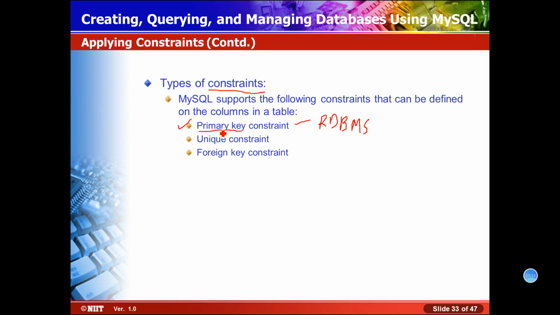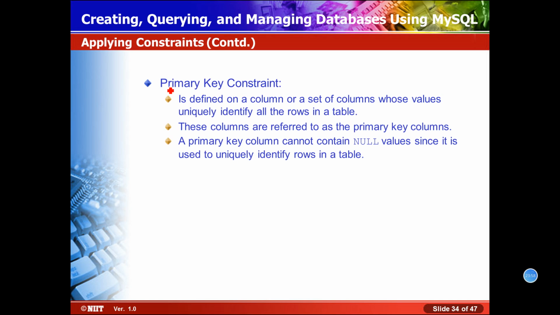So I'm not going to repeat what a primary key is. Please go back and study more about primary keys, and I'm going to teach you how to create a primary key in a table. Next is the unique constraint, and the third is the foreign key constraint. So we are going to learn how to create these constraints, meaning rules. Let's see the first one, the primary key constraint.